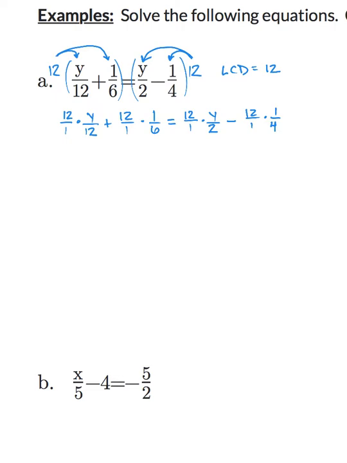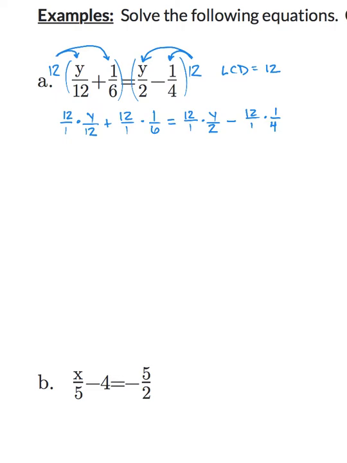Now from here I want to go ahead and multiply, and basically all we're wanting to do is we want to cancel all of our denominators. If we picked a least common denominator that is actually common, all of our denominators should go away.